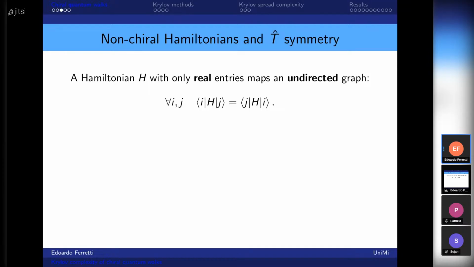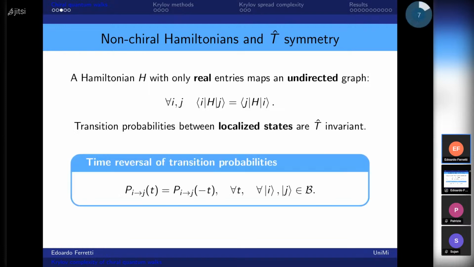This symmetry constrains the dynamics in more ways than necessary. For example, if we study only the transition probabilities between two different nodes, so two different elements of the basis, these probabilities are time reversal invariant.